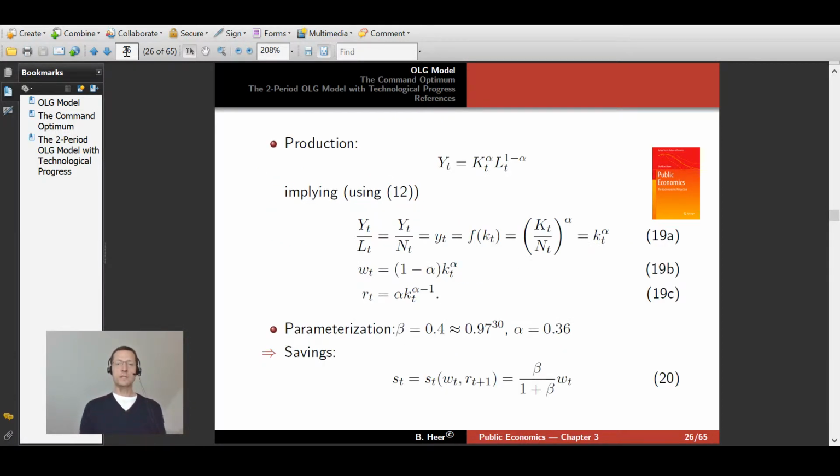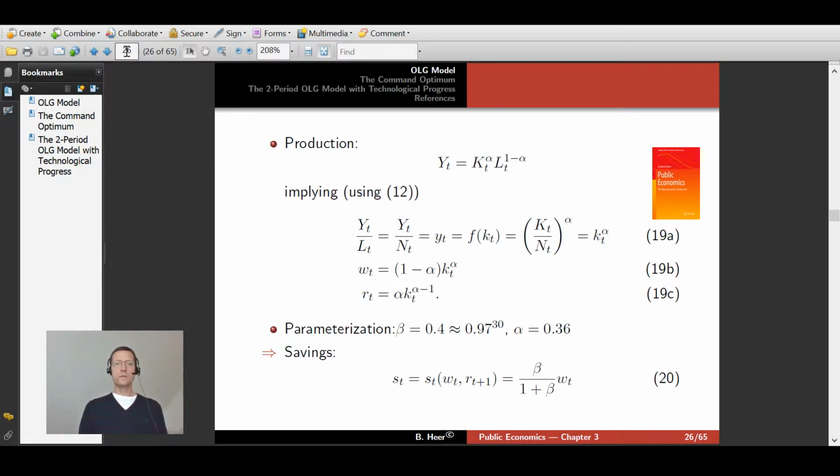Now production is characterized by constant returns to scale. We assume a Cobb-Douglas function in capital K and labor L. We identify labor with the size of the young cohort N_t, simply assuming that each individual in the young cohort is supplying 1 unit of labor inelastically.